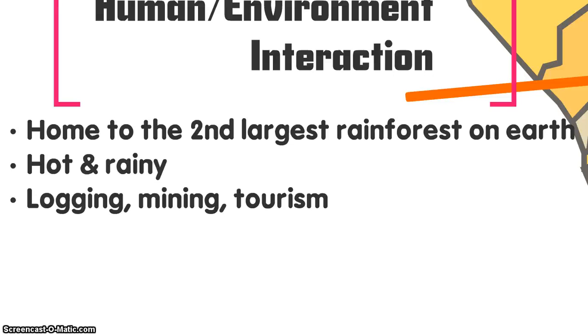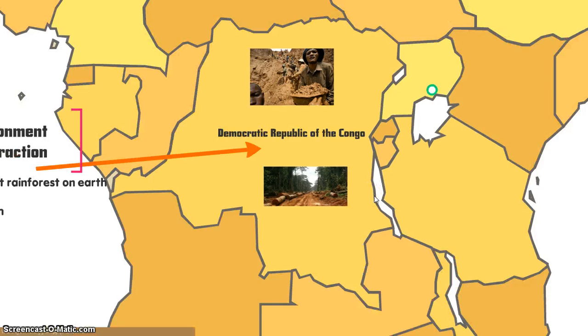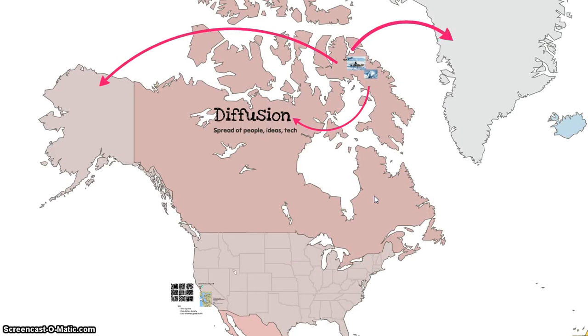But to look more specifically, we need to study the human and environment interaction. In that area, logging, mining, and tourism are the ways that the humans in the area most likely interact with their country. So we have some examples here of some Congolese mining and logging their area based on the environment that they live in. That's human-environment interaction.